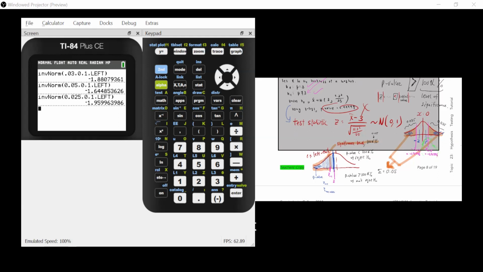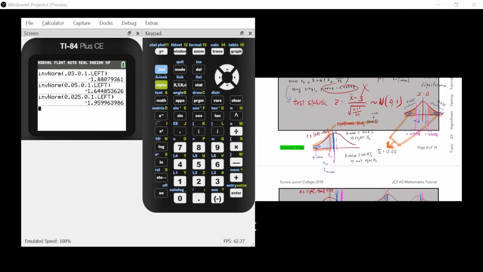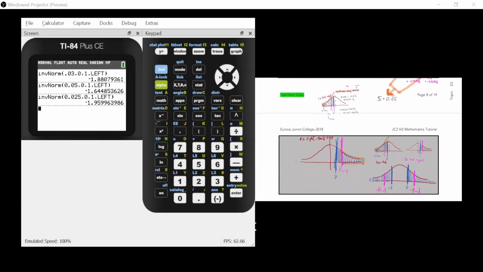So what does it mean? It means we can set up our inequality. This guy is the Z. Okay, wow, it's getting very messy. Let me get rid of this first. I'll move it down. I won't delete it. You can refer to it later.